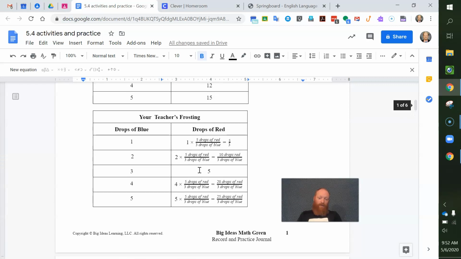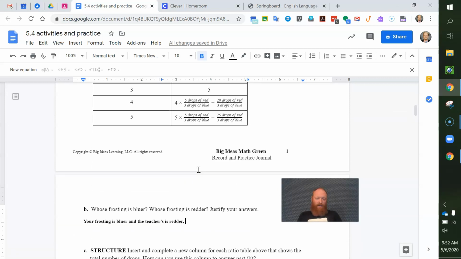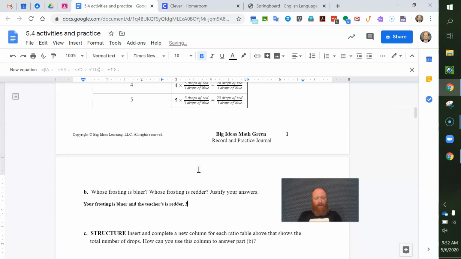Because if we were to turn these into decimals, okay, we would have a ratio of 3 to 1 for you and 5 to 3 for the teacher. Okay, let's take a look at this.